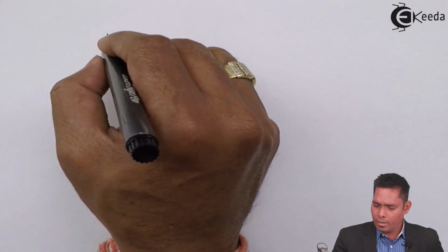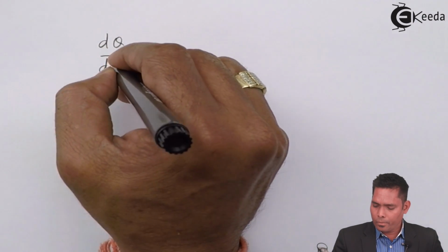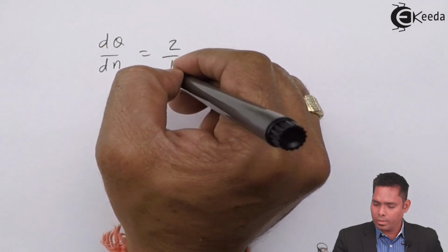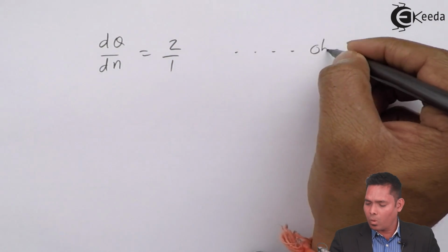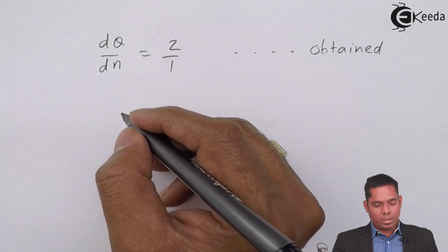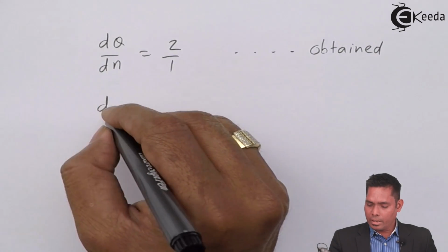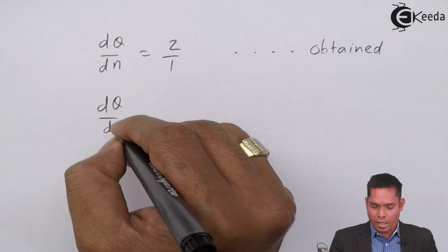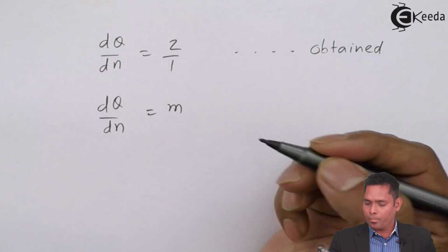Now I have got the expression for d theta over dn as 2 by 1. This is what I obtained. And what is given in the question is that d theta over dn is m.